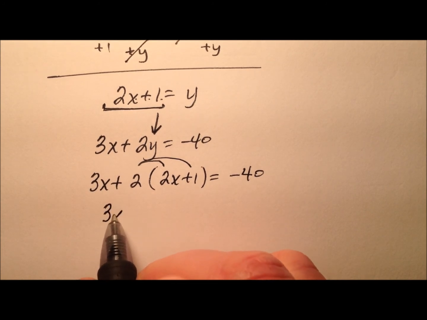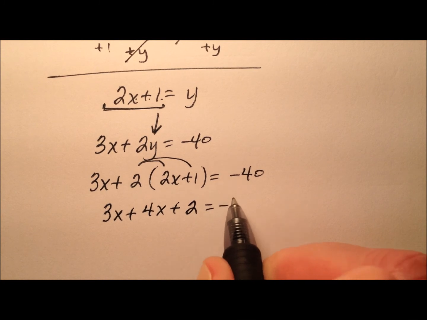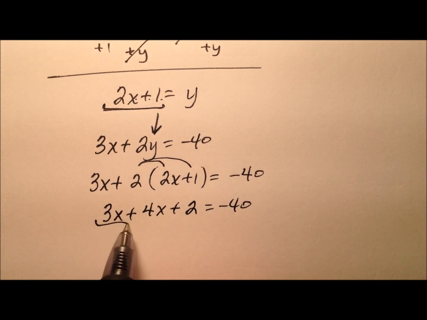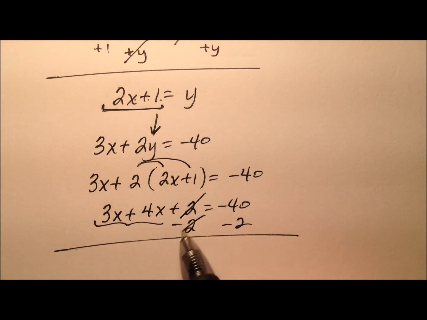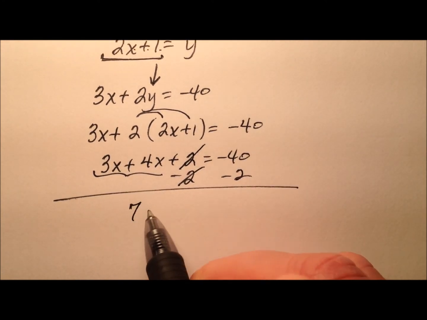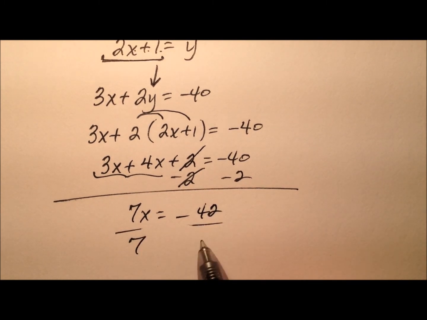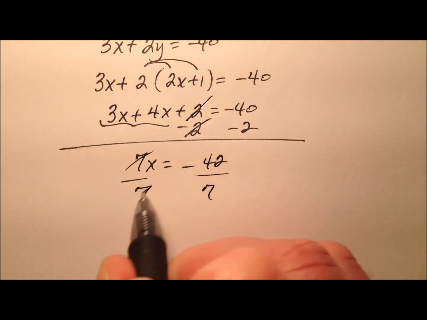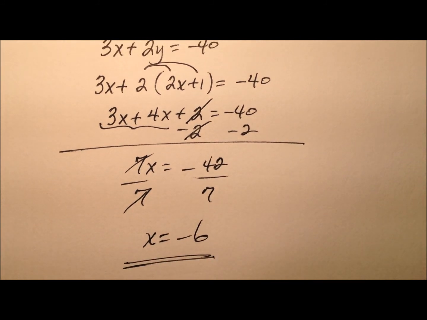So now we just work to solve this equation. 3x plus 4x plus 2 equals negative 40. I can combine these two together while subtracting 2 from both sides. So 7x equals negative 42, and a quick division by 7 will give me x equals negative 6.